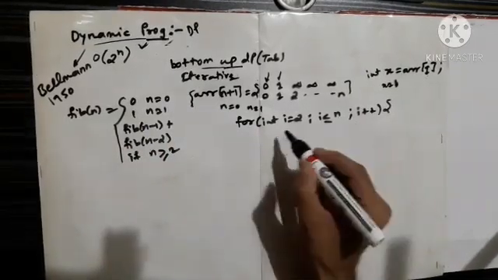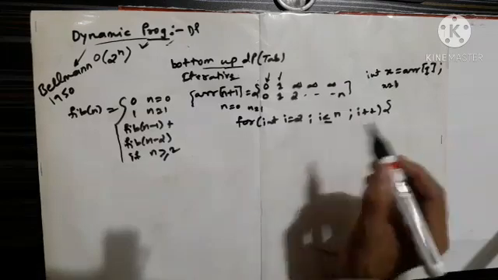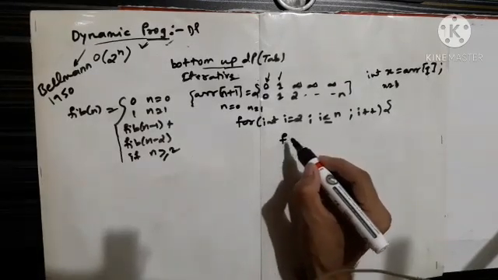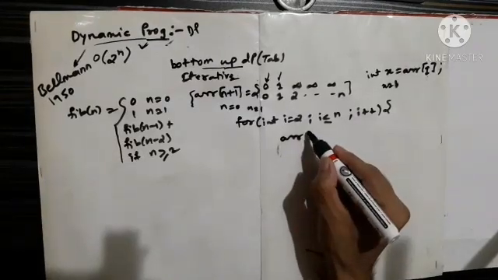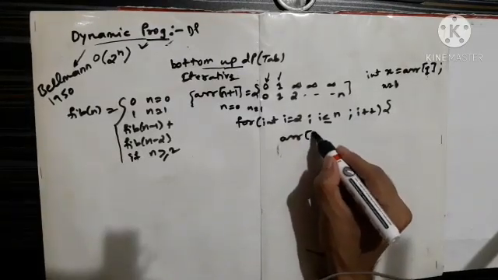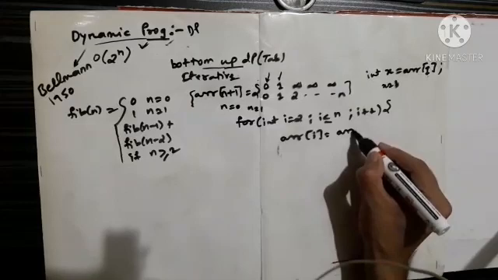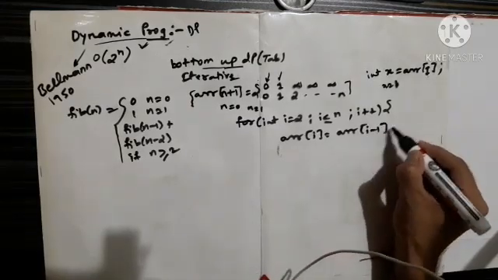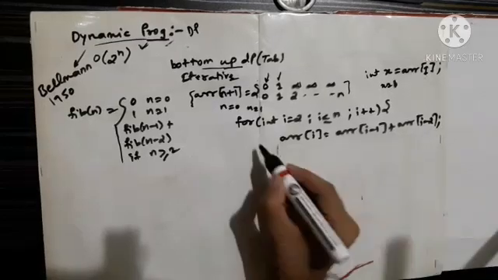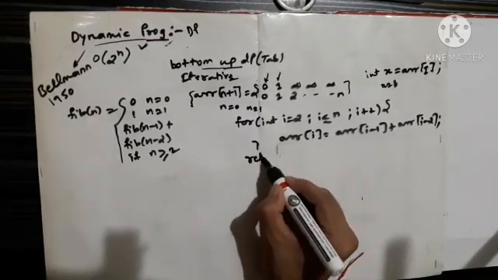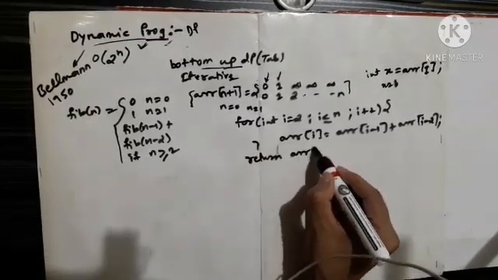So here it should be array of i is nothing but array of i minus 1 plus array of i minus 2, and that's it. And after this for loop we're going to return array of n index.